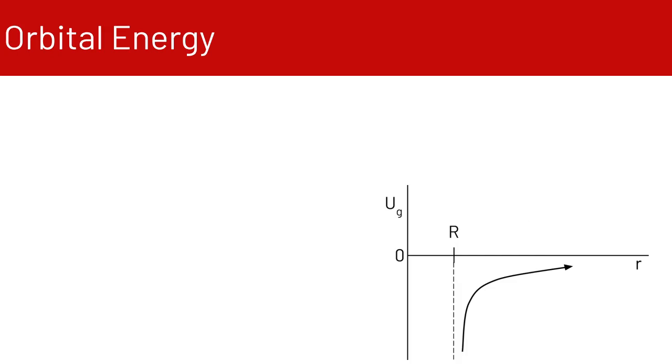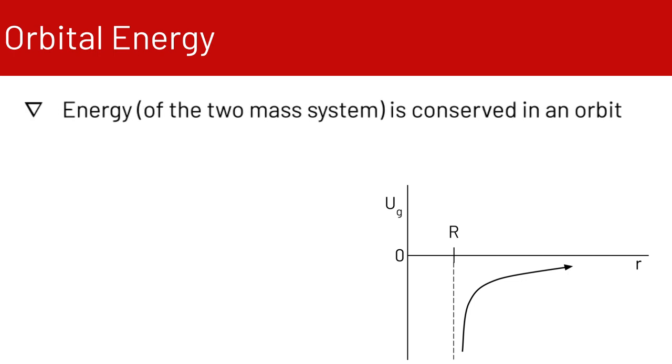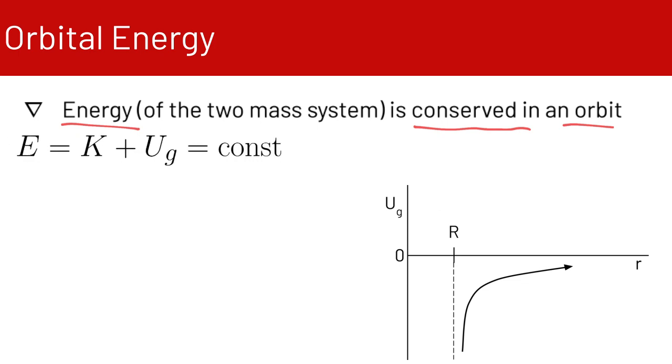All right, let's talk about orbits and energy. The energy of the two-mass system is conserved in an orbit. So again, total energy is equal to the kinetic energy plus the gravitational potential energy, and those are constant.